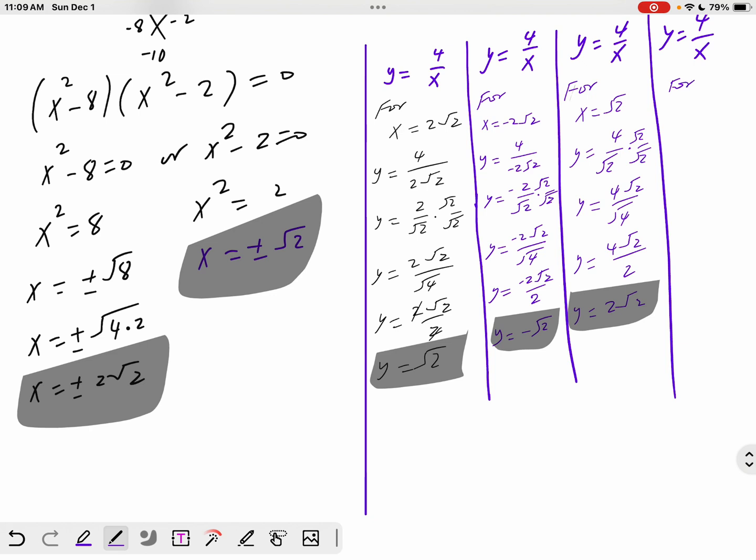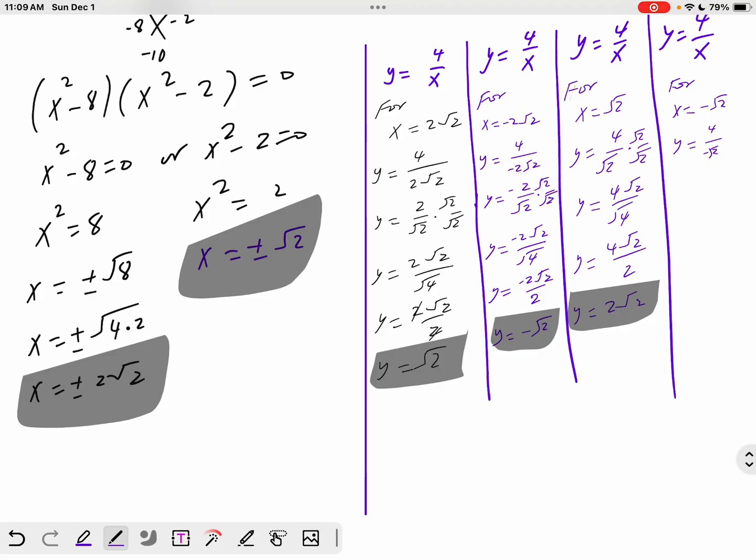Next one is x equals negative root 2. Then y equals 4 over negative root 2. And then rationalize it, using the negative on the top.